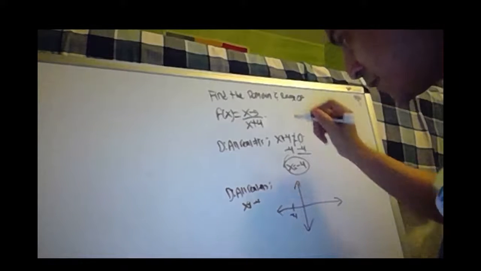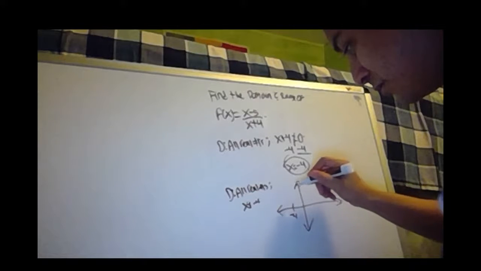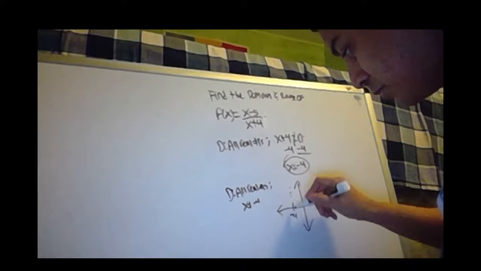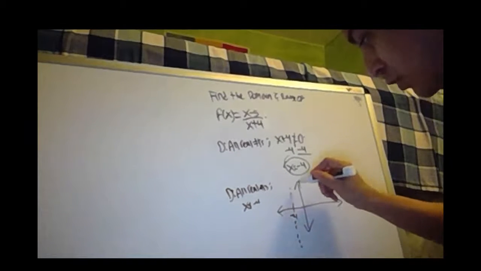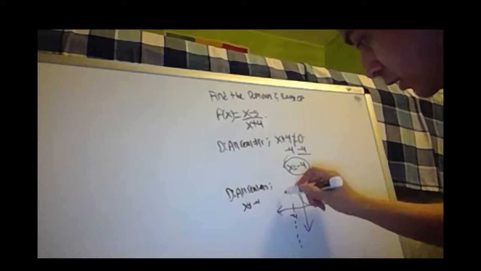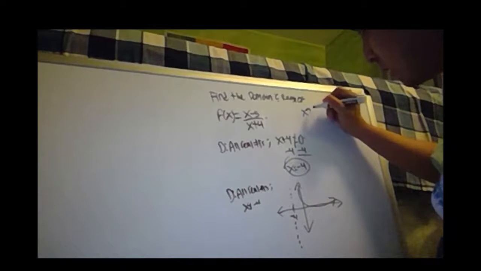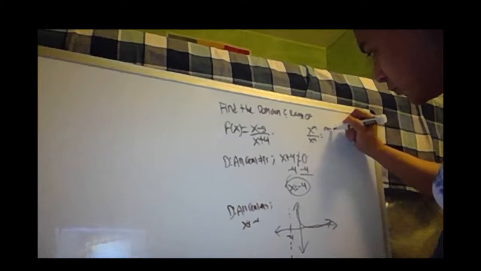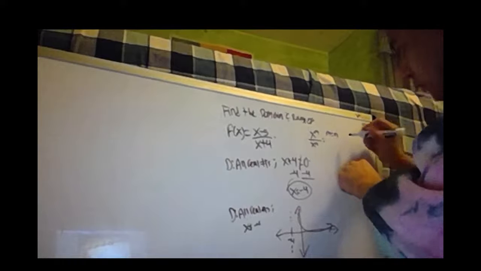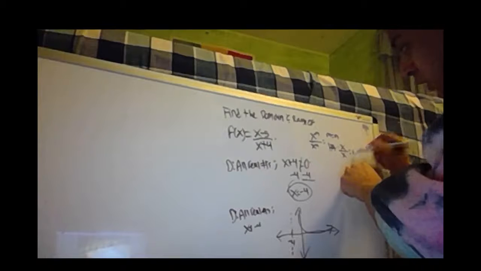And by the way, if we have x to the m over x to the n and m equals n, then the horizontal asymptote will just be x over x, which is 1, right?